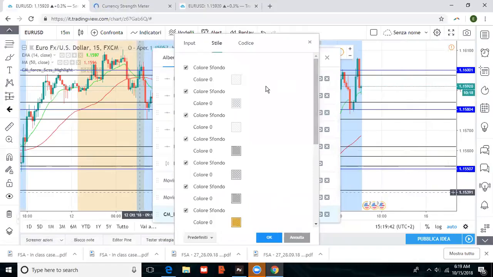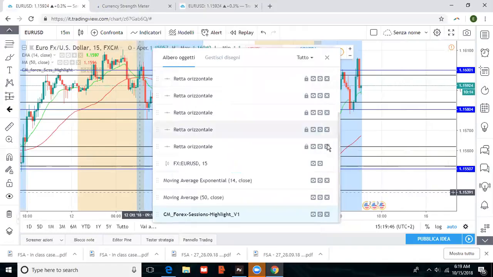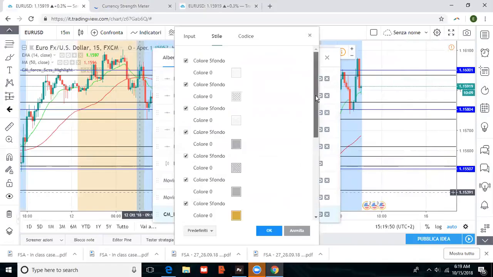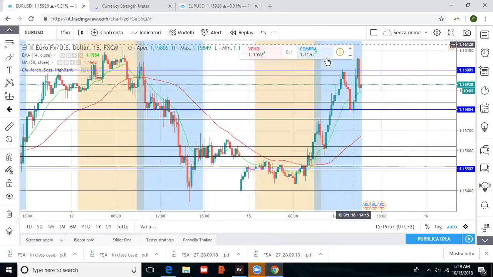And if you want to see the colors that I use, these are the colors. All right. Very good. And your chart is going to look like this.